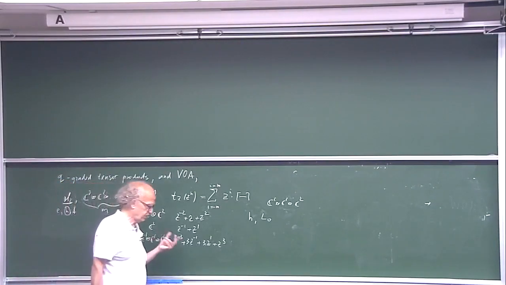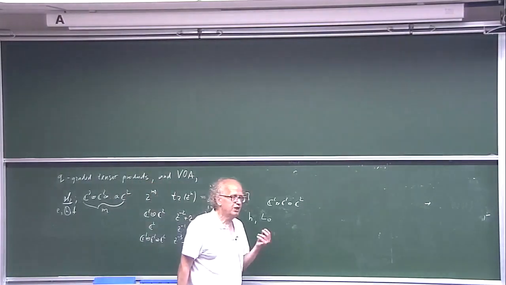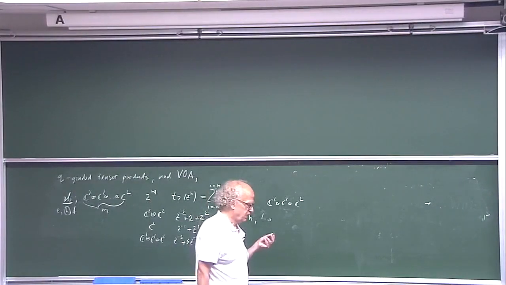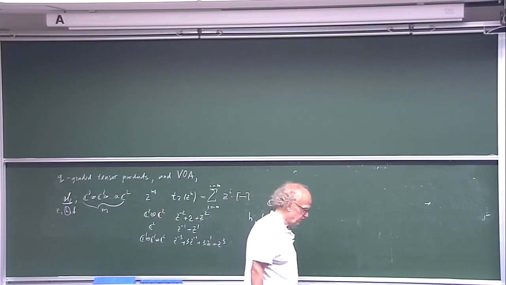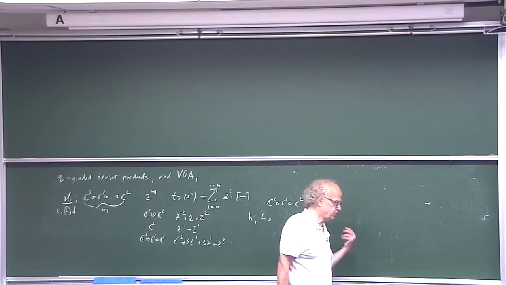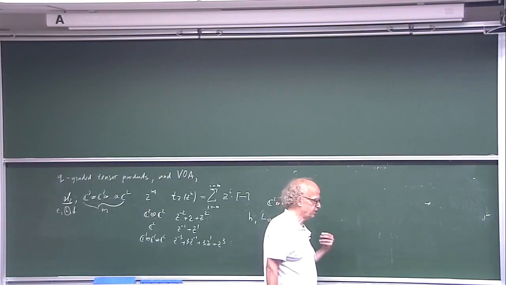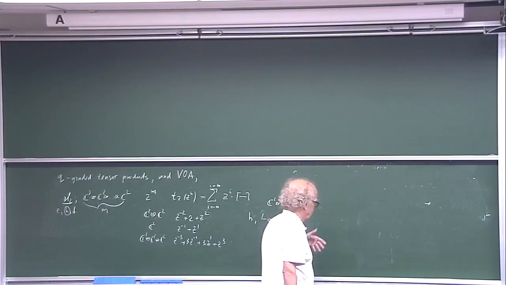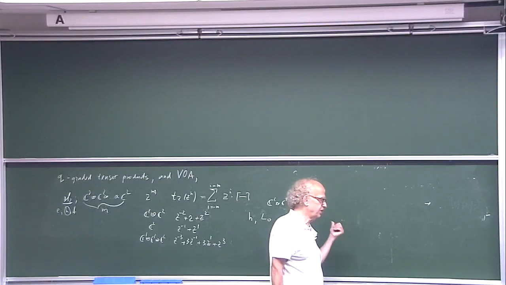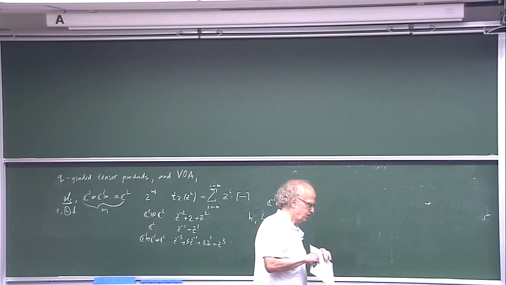We can take an element and, for example, calculate the trace, and it gives me an invariant of a knot. But such a situation in general is complicated, but sometimes you can choose a braid in such a way that the corresponding operator gives you some operator depending on Q, and it gives you some grading on a space, and this grading is related to what I'm talking about now.